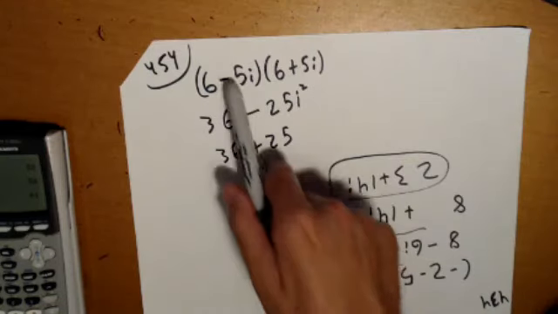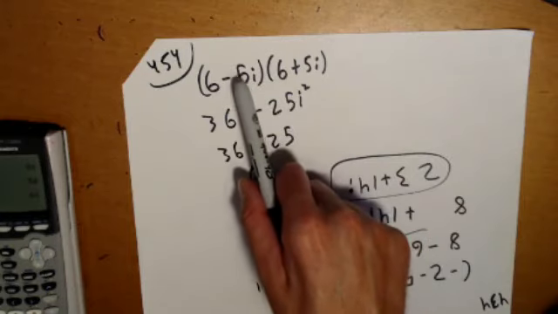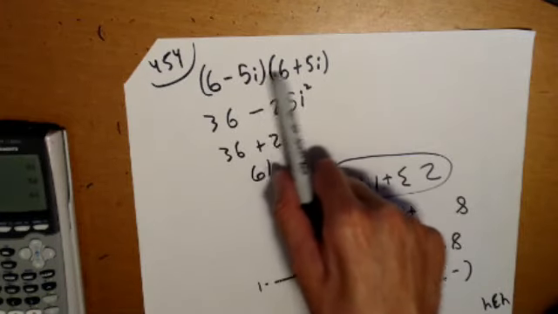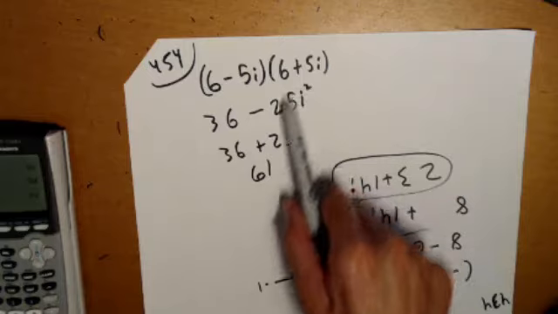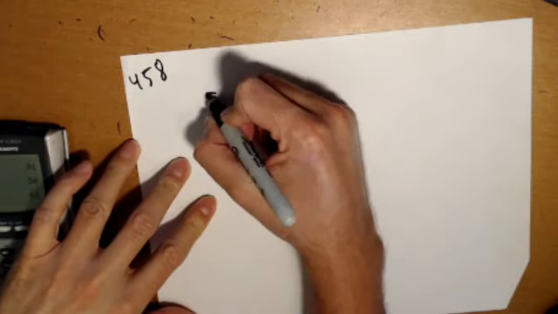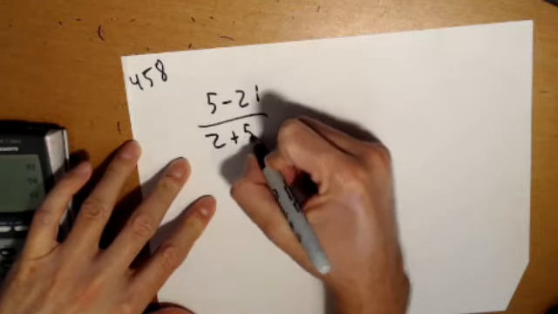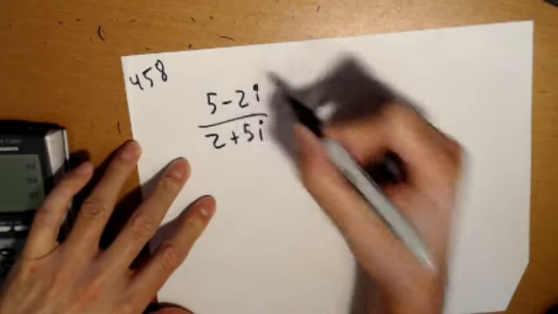Okay. So conjugates make life easy. And notice also that when you multiply the conjugates, the i stuff disappeared. Interesting. Because in the next type of problem, number 458, they do this: 5 minus 2i over 2 plus 5i.